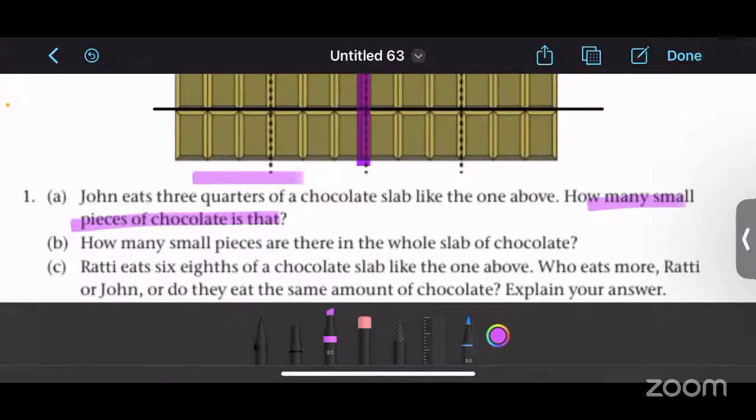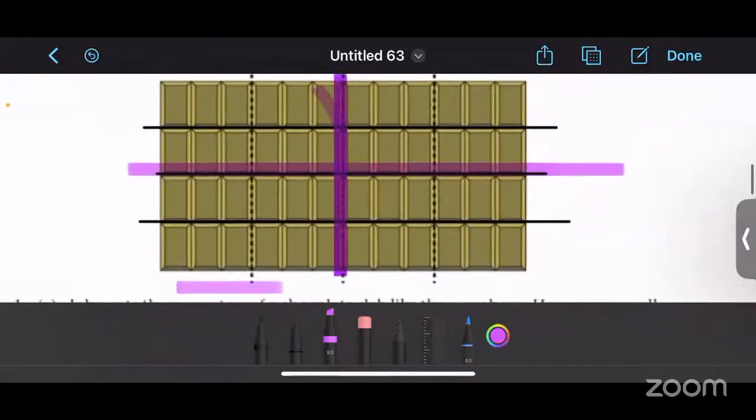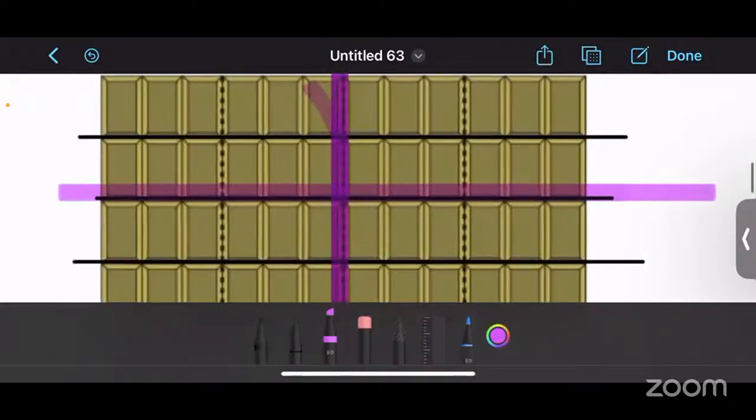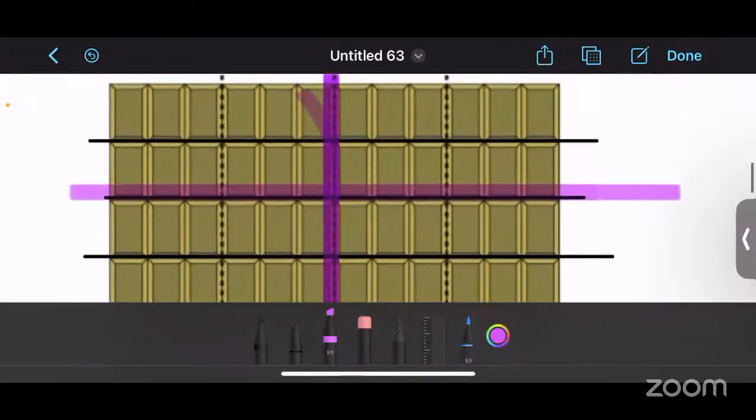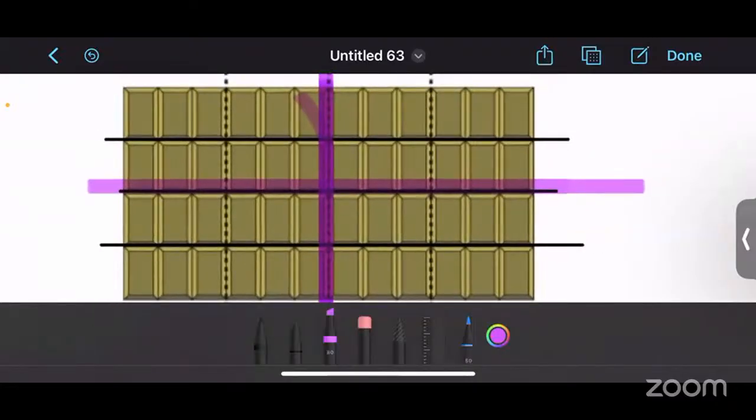Yes, ma'am, in terms of fraction, as in how you write it. 3/4. So they're saying he eats 3/4 of these pieces over here. How many do you think he ate by looking at those pieces of chocolate here?